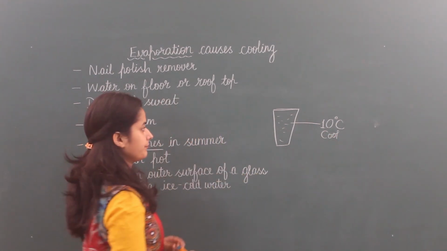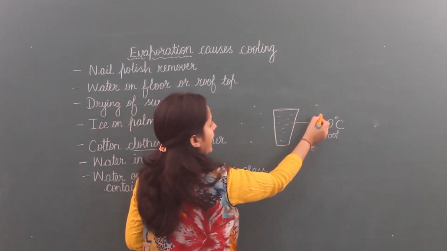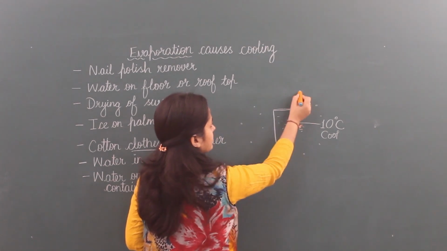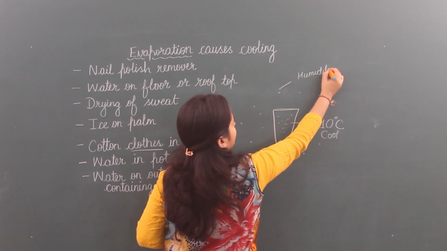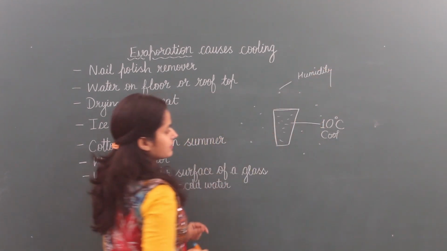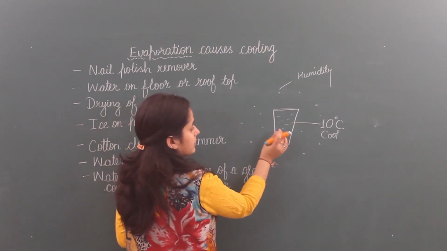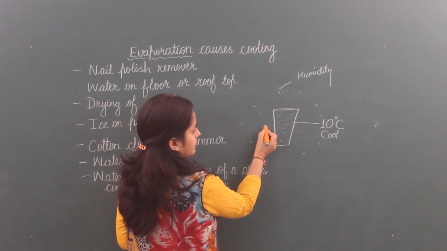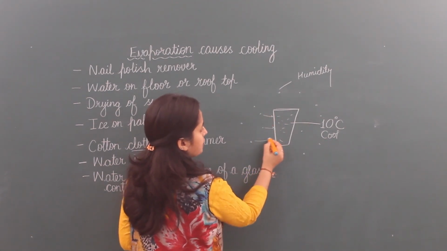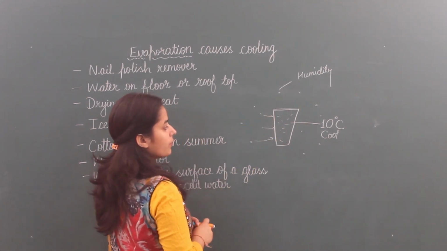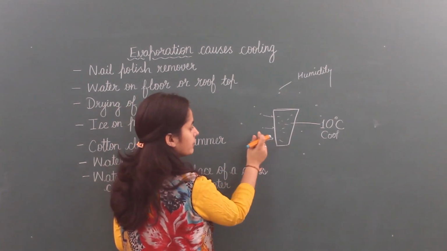Now what happened? Surrounding water particles are in a gaseous state due to humidity. It is due to humidity that these particles are in a vapor phase. This cold water wants to take their heat to increase its temperature. So these particles give their heat to this water.